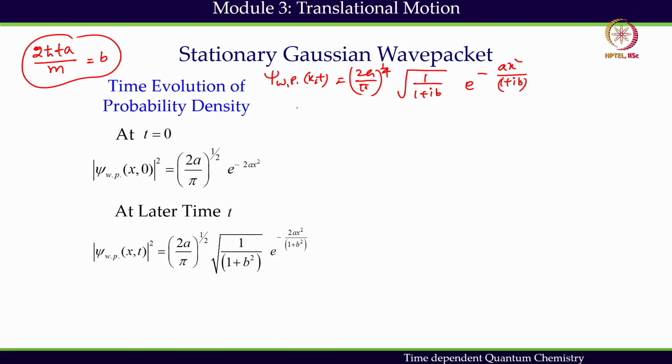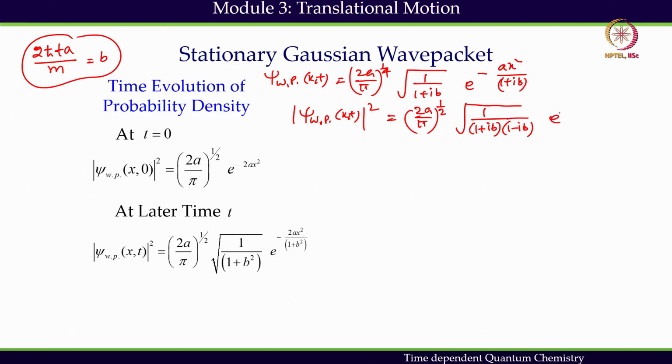So, the density is going to be absolute value square, equals 2a by pi to the power half square root of 1 by 1 plus i b into 1 minus i b, that is the complex conjugate.